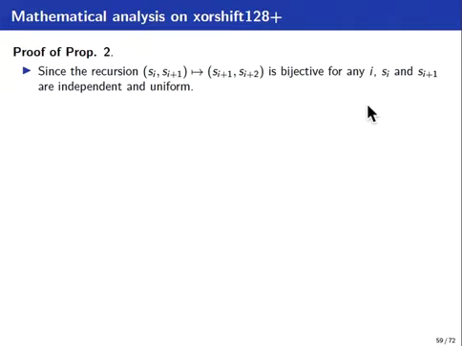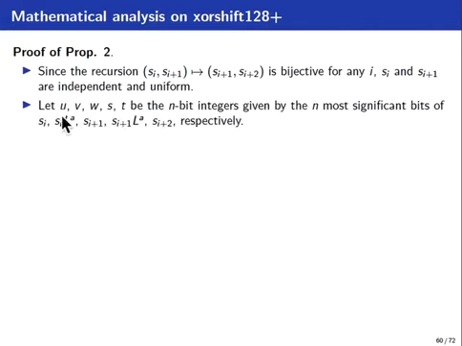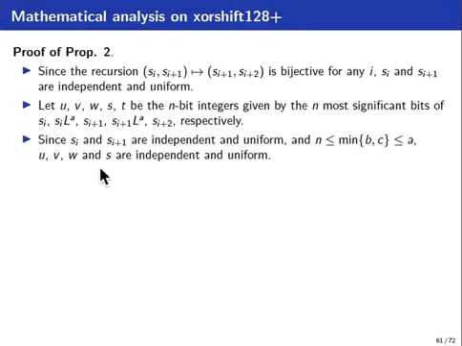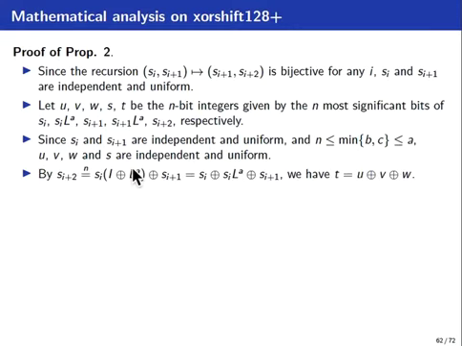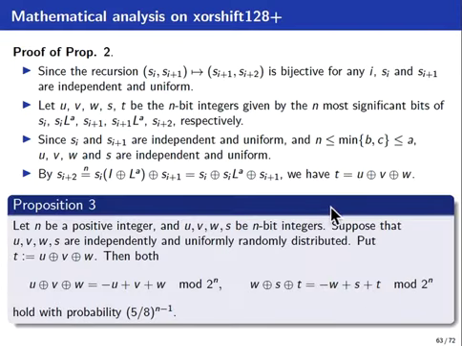We may assume that the pair s_{i+1} is independent. We name the 5 terms appearing in the assumption in this way. Then the first 4, being disjoint parts of the pair s_{i+1}, are independent and uniform, while T is determined by this. Thus, the proof of proposition 2 is reduced to proposition 3.